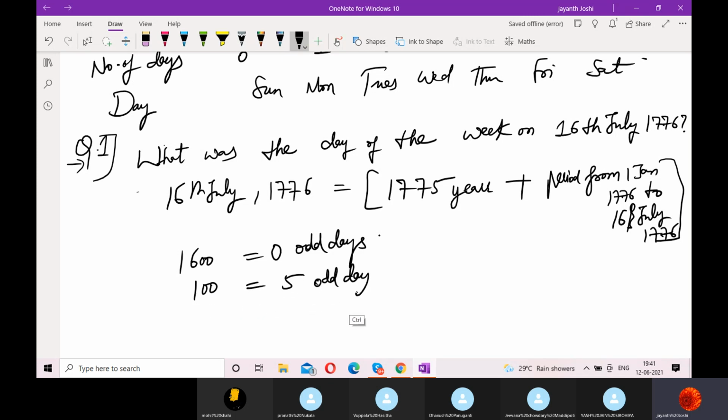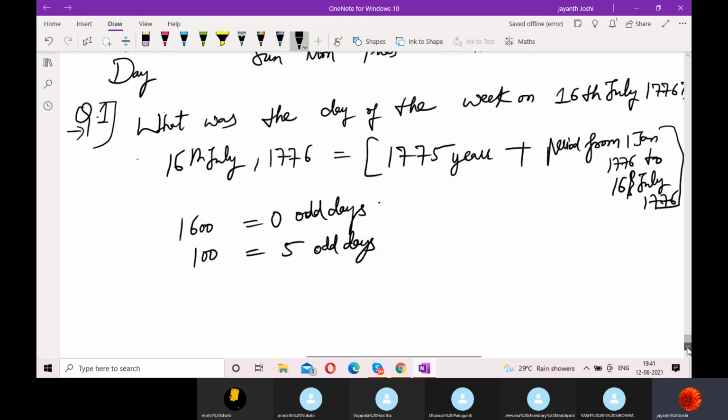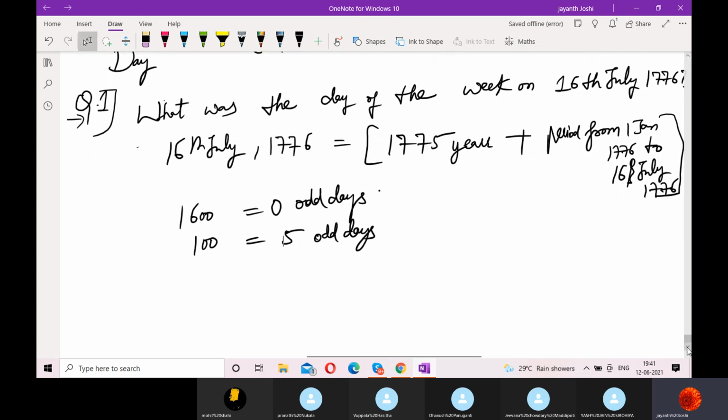I am slowly and steadily moving towards 1775. So total odd days for 1700 years is 0 plus 5, 5. Now I am at 1700, and I directly cannot go into 1776 because 1776 is not a complete year. So I need to see 75 more years.